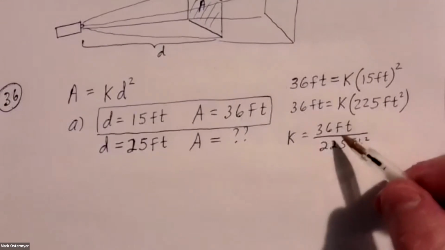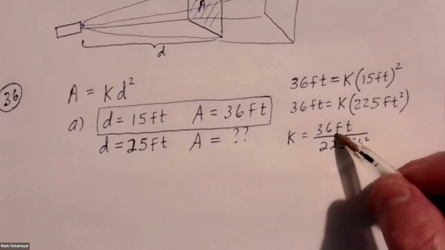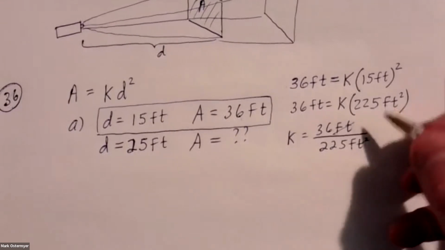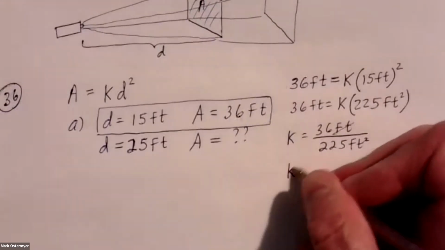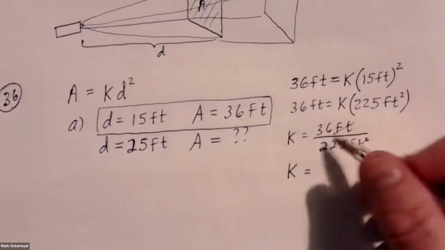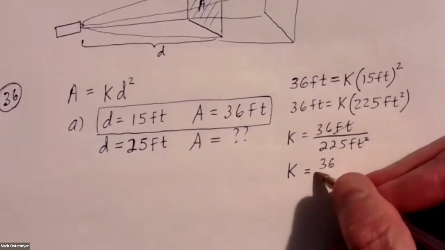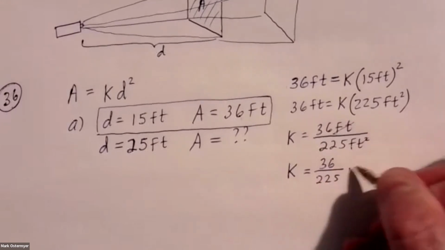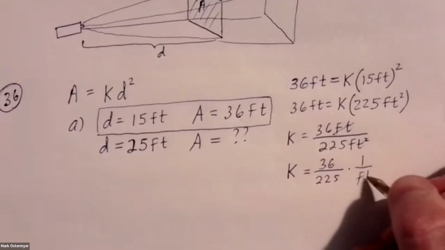Notice that the units of feet in the numerator cancel out with one of these units of feet in the denominator. And so what we're going to have is 36 over 225 times 1 over feet. Right?